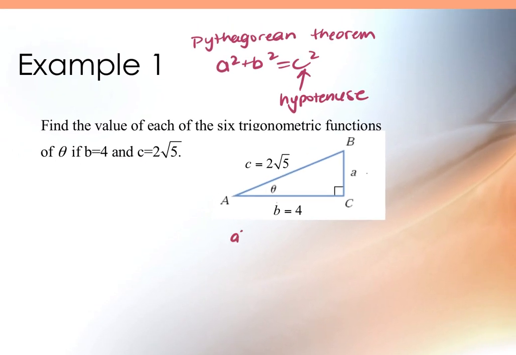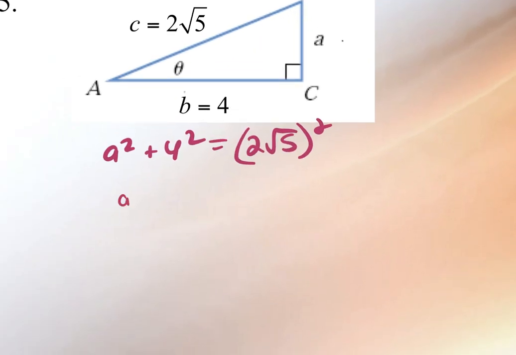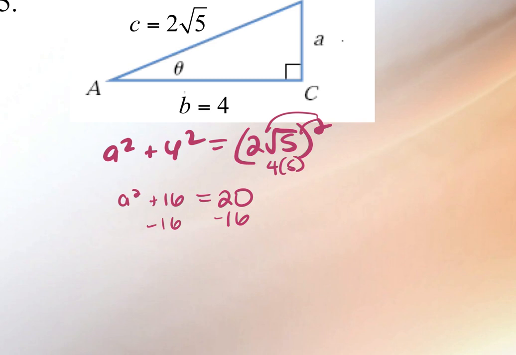I would say a squared plus 4 squared equals 2 square root 5 squared. This gives me a squared plus 16 equals 2 root 5 squared, which is 2 squared times root 5 squared, which is 4 times 5, or 20. Subtract the 16. A squared is 4, square root.